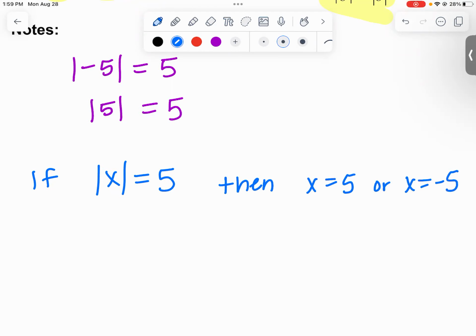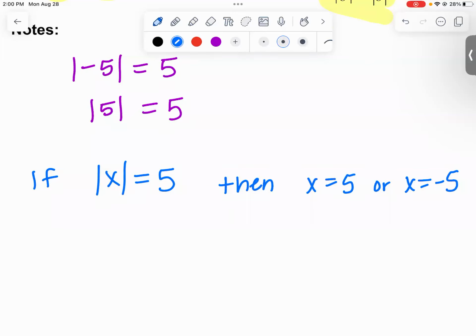Okay, we're going to have two possible answers here. Guys, this is going to happen every time. We have two different options for what the inside of our absolute value can be to produce a +5 answer.